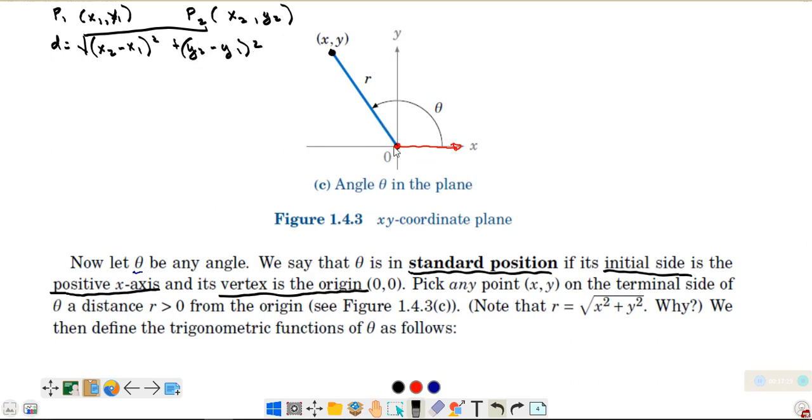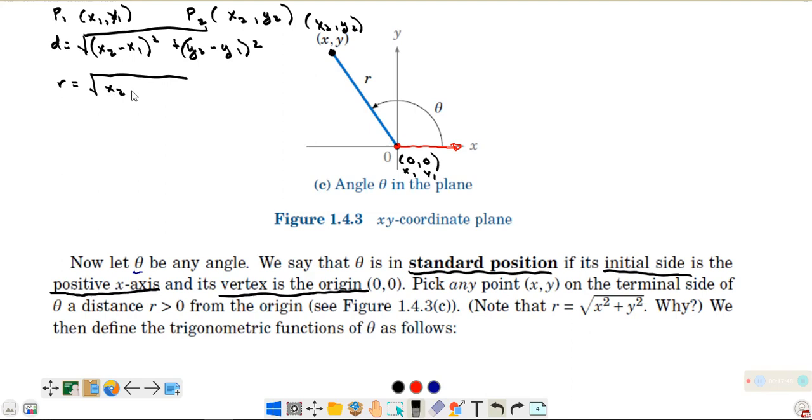In terms of this one, since your origin is at 0, 0, pwede mo siyang iset as this is x sub 1, y sub 1. This is x sub 2, y sub 2. So, to get the distance r, yung length from 0, 0 to xy, substitute lang natin siya.